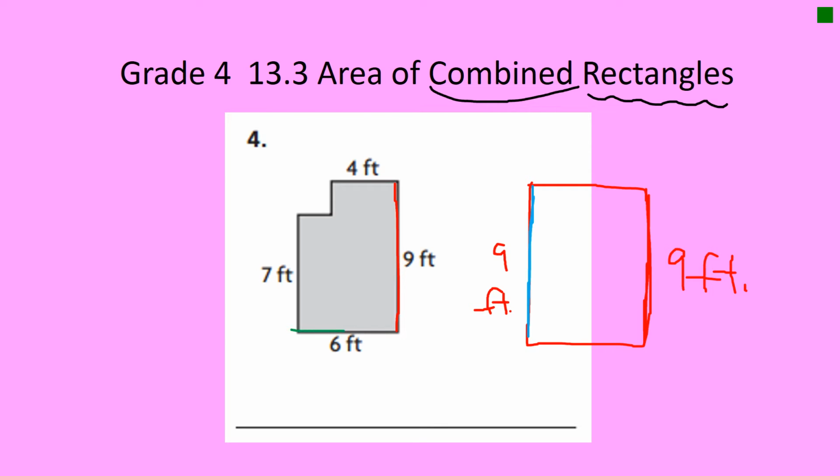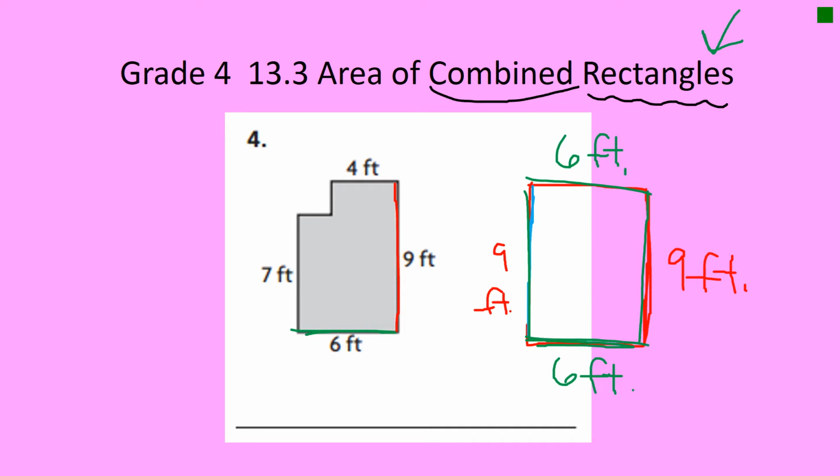That's exactly right. And what else do you know? Well, let's see here. This is 6 feet right there. If you know that that's 6 feet, this side is also 6 feet. The sides that are parallel are equal in length when you're dealing with rectangles. Parallel sides, they're both 9 feet in this rectangle.